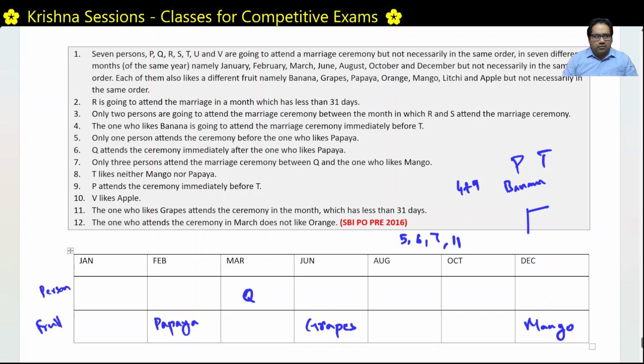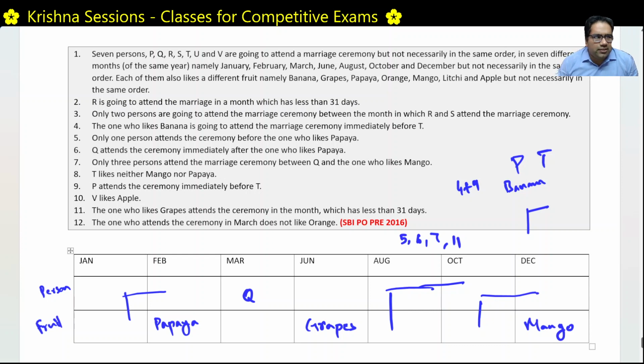We have to have one empty here, one empty here, one empty here. 3 empties. This slot is not available because this is not empty. This slot is also not available because this is not empty. So this slot is available. What are the various slots? One is this slot, this slot, and another is this slot. These 3 slots are available for P, T, and banana.